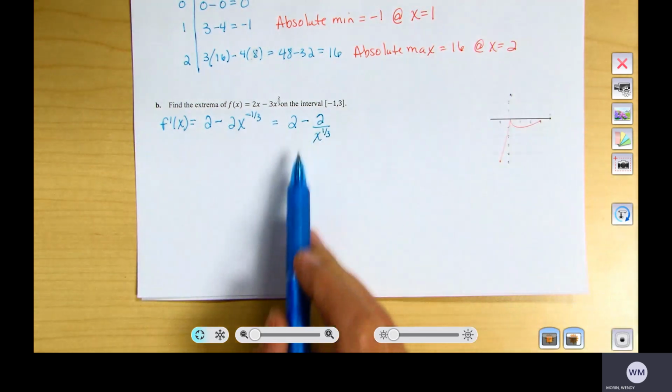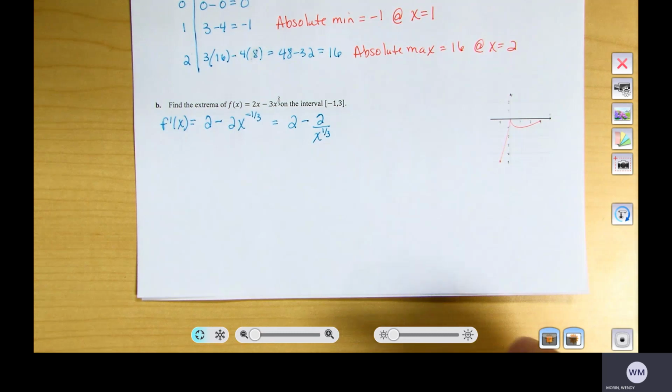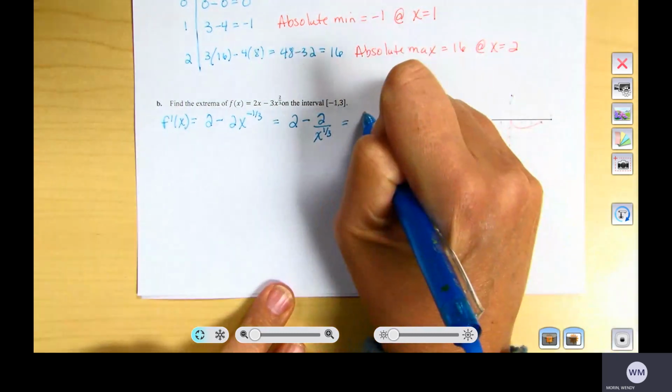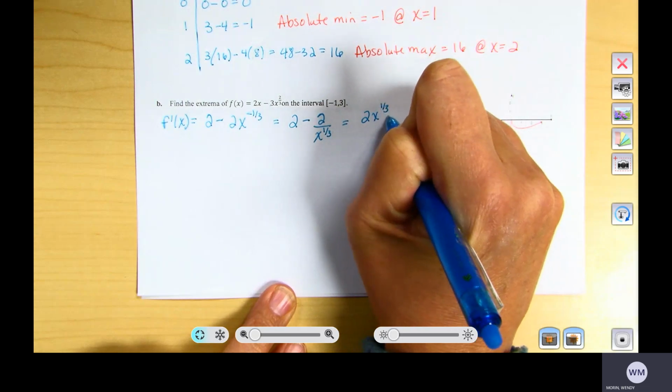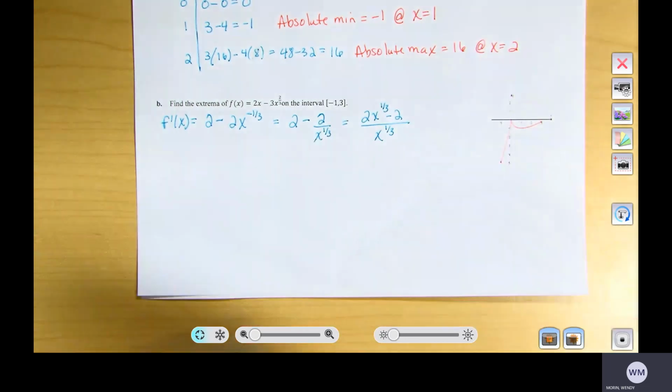Now you could set this equal to 0 to find where your first derivative is equal to 0. You could also write it as a single fraction, 2x to the 1/3 minus 2 over x to the 1/3. You could write it like that as well.